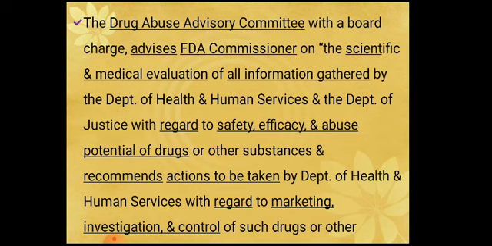This committee advises the FDA Commissioner on the scientific and medical evaluation of all information gathered by the Department of Health and Human Services as well as the Department of Justice, with regard to the safety and efficacy and, importantly, the abuse potential of the drug.